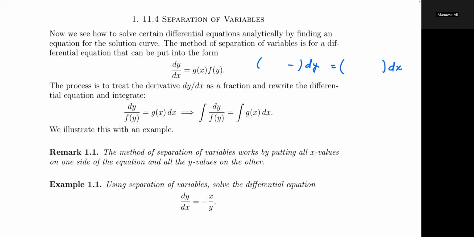So the left side should contain any terms that only involve y, and the right hand side contains the terms only involving x or any function of x. If you can do this for a differential equation, then we can solve that equation by using the method of separation of variables. The question is, can we do this for any differential equation?